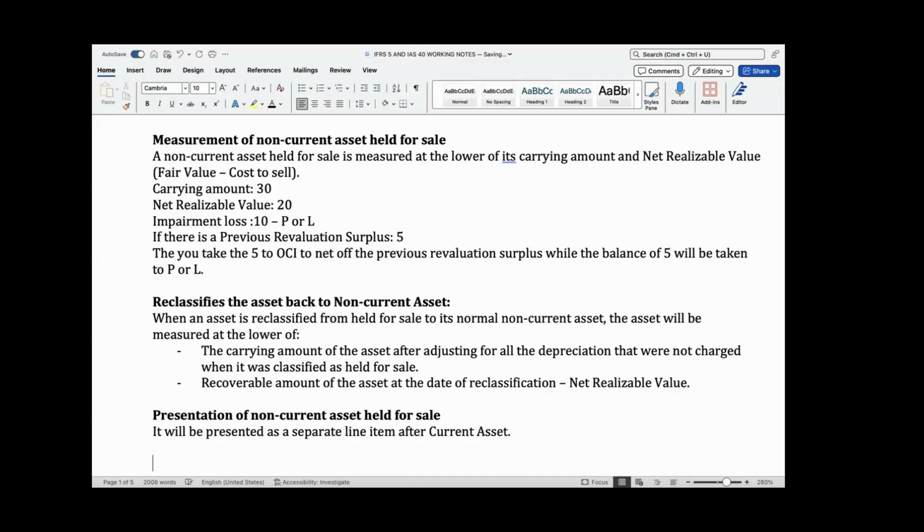You are taking it away; it's no longer a non-current asset. We know that it becomes current based on the definition of current assets. It's an asset you want to realize within 1 year. But you're going to put this non-current asset held for sale as a separate line item after your current assets. It will just be there as a separate line.